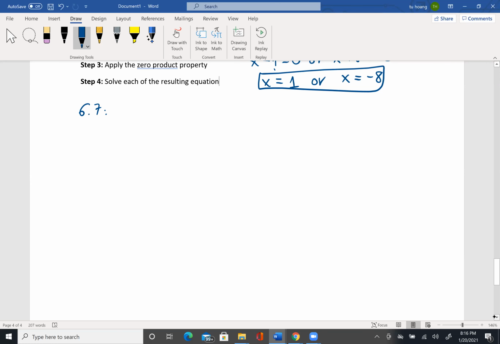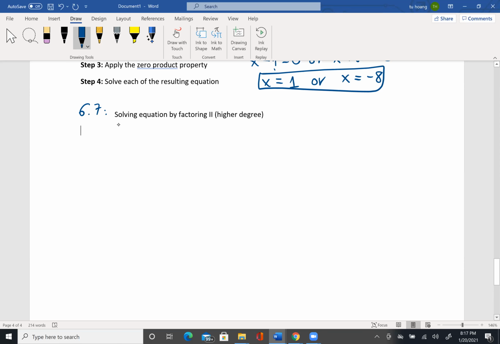Solving equations by factoring. Okay. Number 2, higher degree. What is higher degree? It means you not only have degree number 2, you may have degree number 3, you may have more than that.